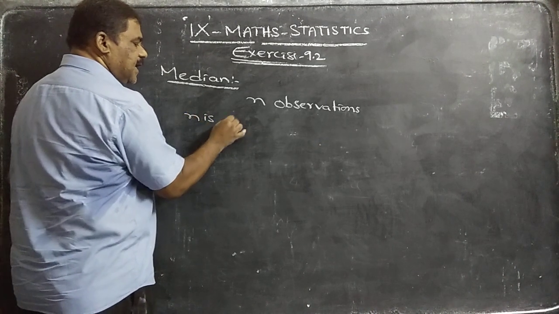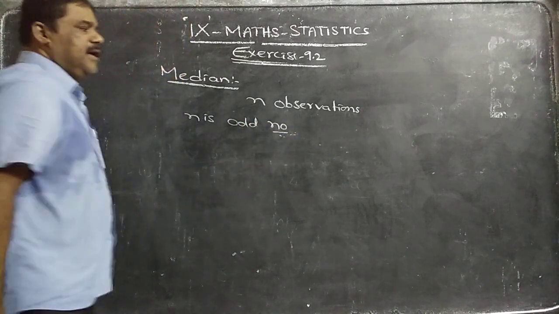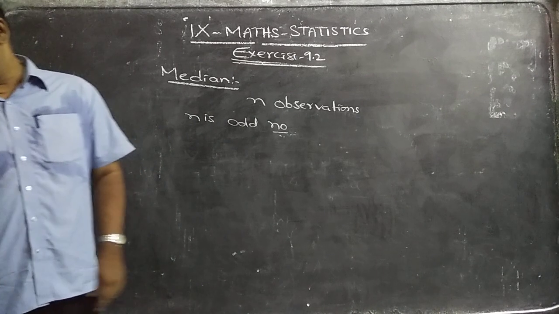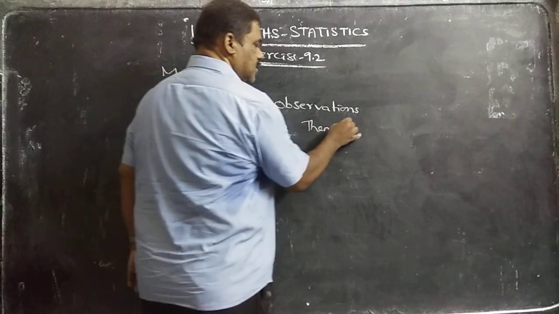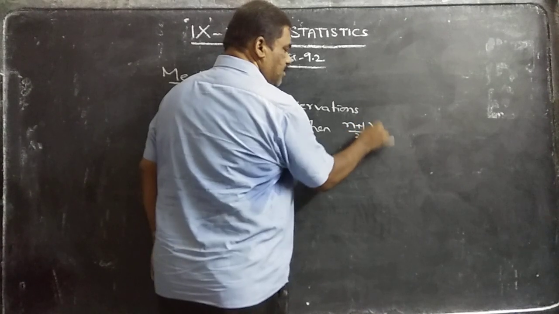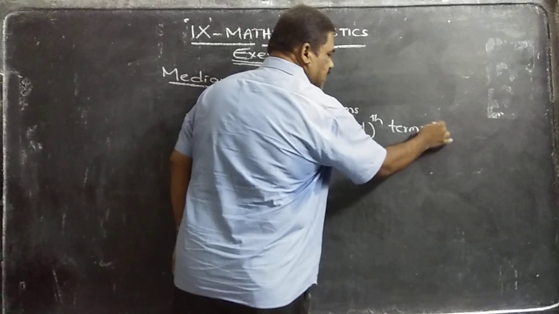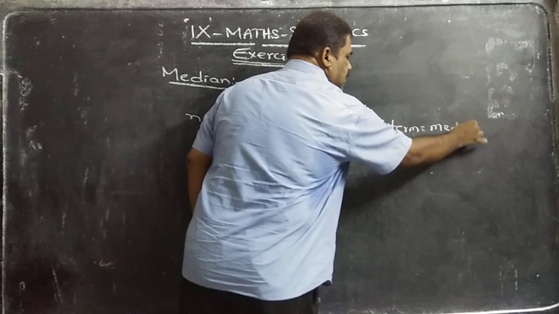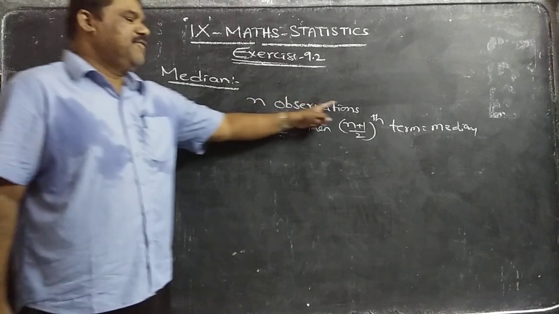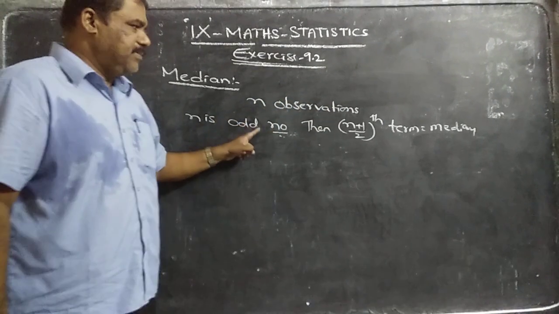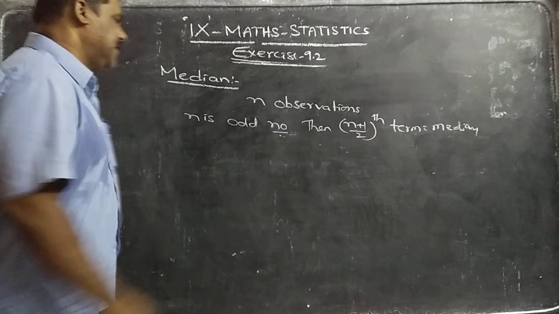If n is an odd number, if the number of observations is an odd number, then the (n plus 1) by 2th term is known as the median.